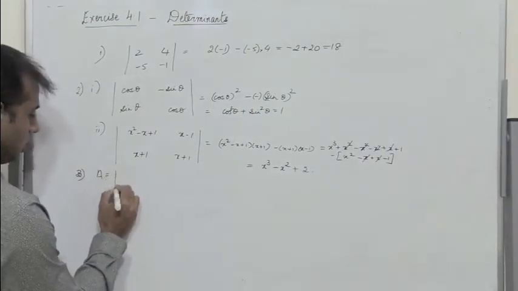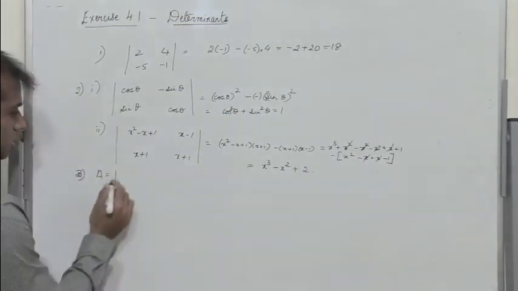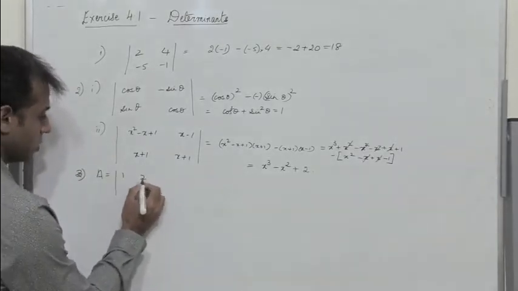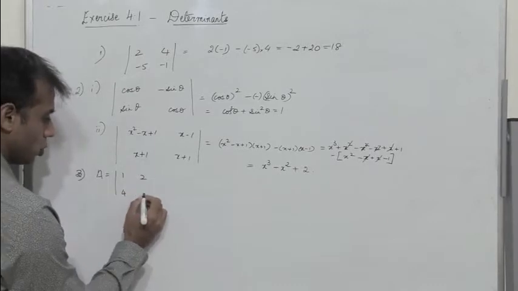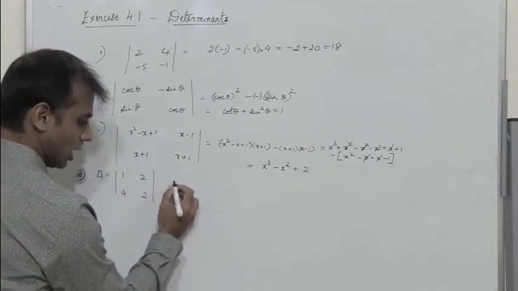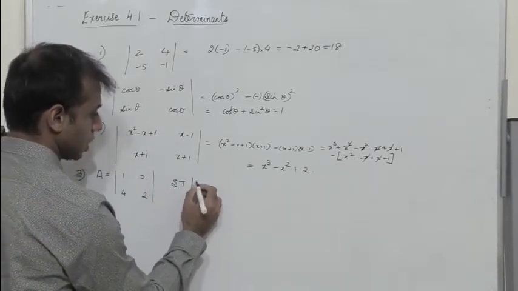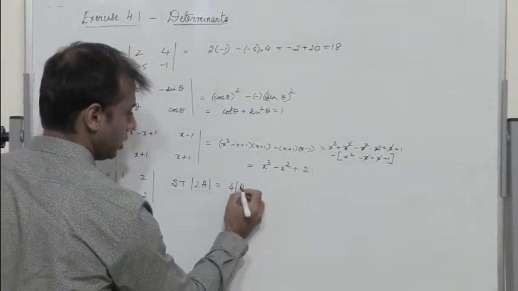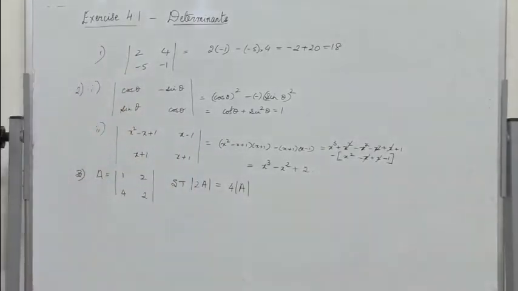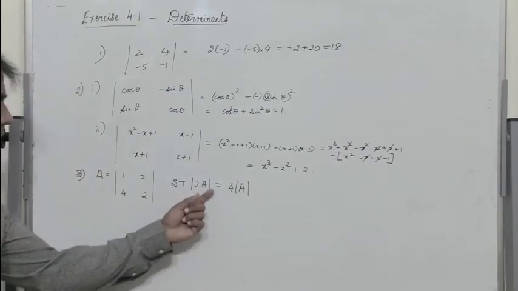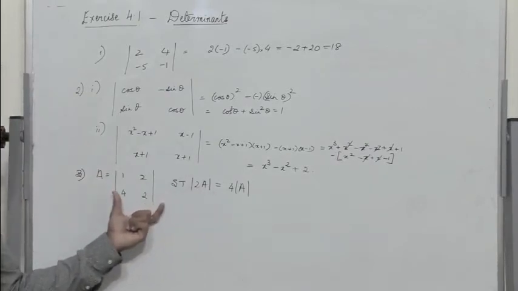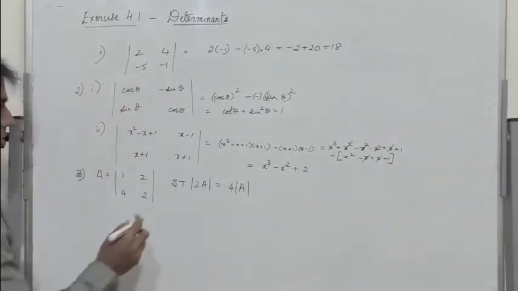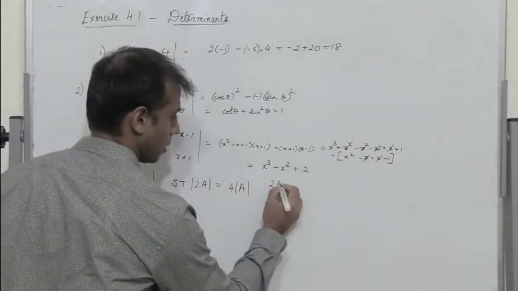We have matrix A, that is a 2 cross 2 matrix, so we need to find the determinants. Find 1, 2, 4, 2, where we need to show that determinant 2A equals 4 into determinant A. Right? So I multiply 2 into A and find its determinant, and that should be equal to 4 into determinant of A. So what is 2A?